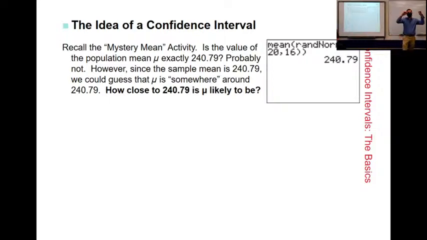So, in the last chapter, most of the problems consisted of the following. I gave you a distribution and said that the population, that the distribution had this mean, this standard deviation. And then you talked about getting specific samples.